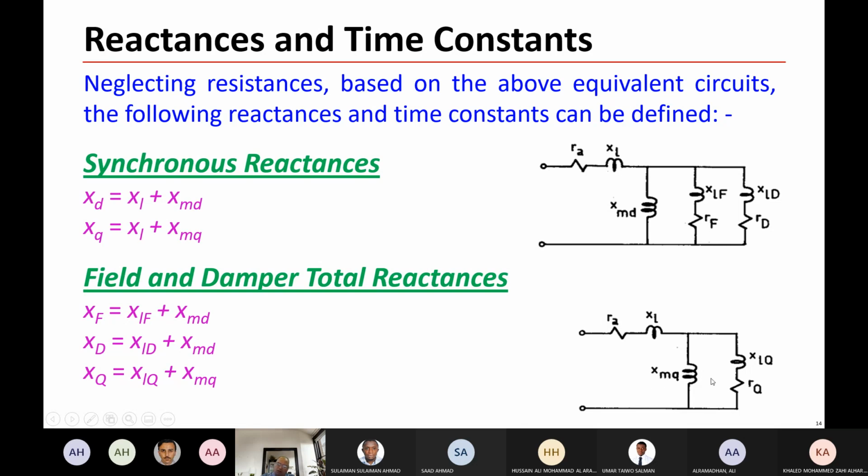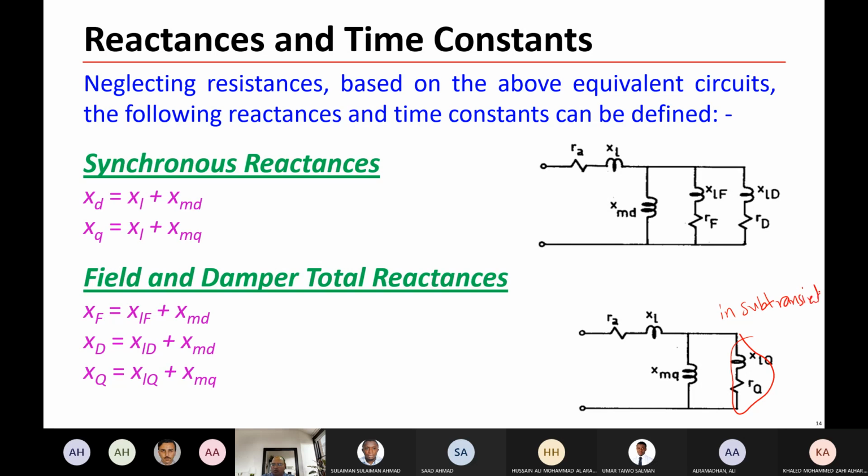And for XQ prime, you can have the same, but in XQ prime, you have XL plus XMQ. And as we mentioned earlier, the effect of the damper winding appears only in the subtransient period.